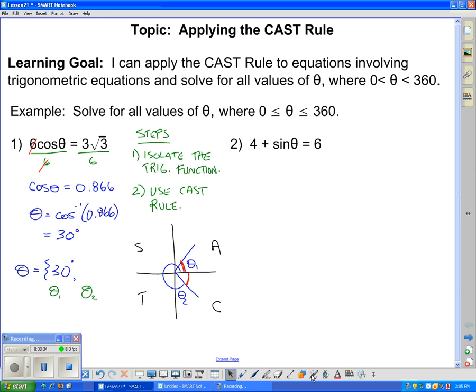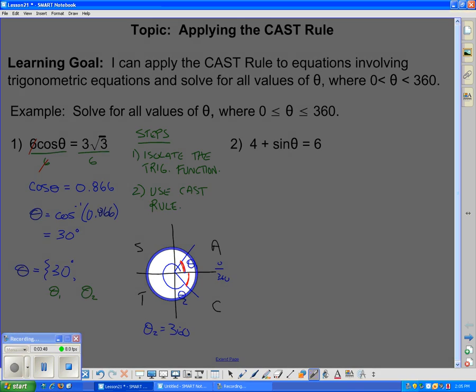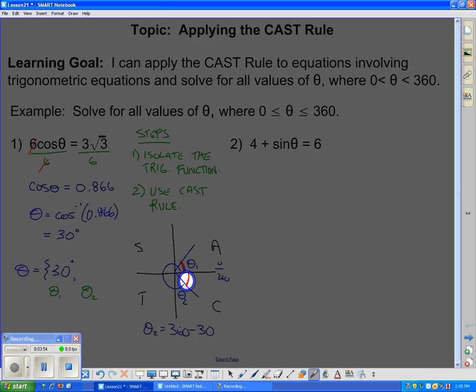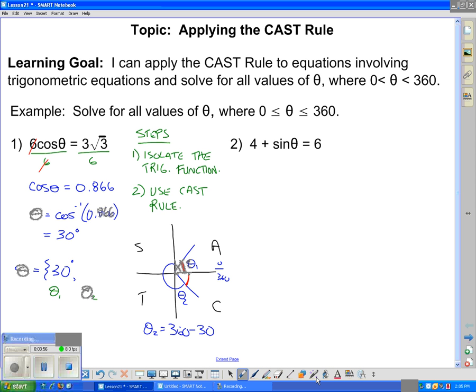So that would mean, and I'll do it down below, theta 2 will equal a whole cycle going all the way around. It starts at 0, and you end at 360 if you go all the way around. So that means 360 minus 30 degrees. I'm going to take away that little amount, and I get 330. So theta 2 is 330 degrees.